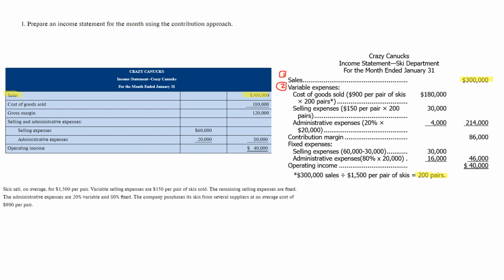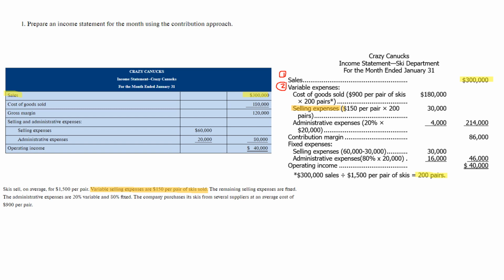So the next part, variable selling expenses, are $150 per pair of skis sold. So that's a variable cost. If we look at our income statement and our selling expenses, we identified that it's variable, so it'll be under our variable expenses.